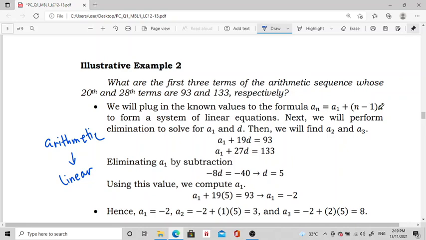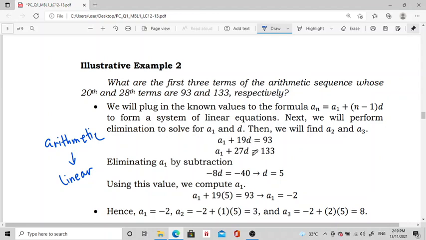So this becomes 19 times D. And this is A1 as is. While for this case naman, 133, this is replaced by 133, and here will be replaced by 28. So that's 28 minus 1, that's 27D. And then as is, this is A1.